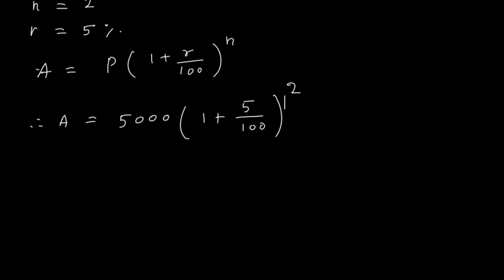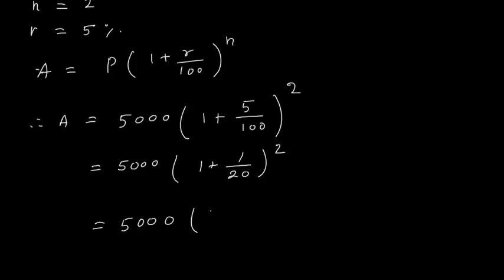So this is 5,000 into 1 plus 5 1s are 5, 5 2s are 10, the whole power 2. This is 5,000 multiplied by 20 plus 1, which is 21, divided by 20, the whole square.